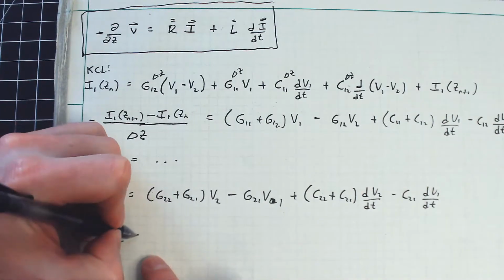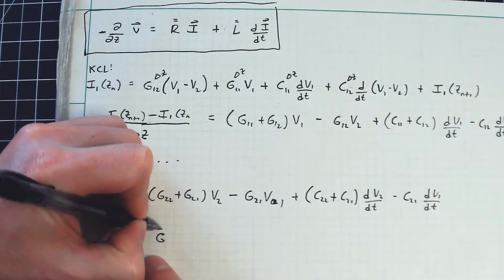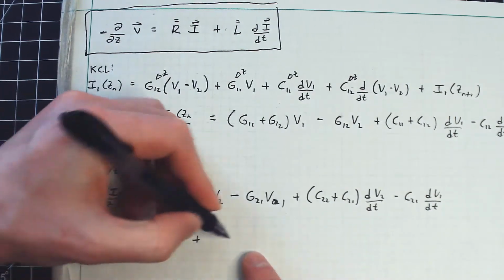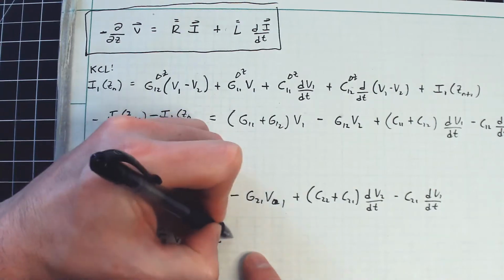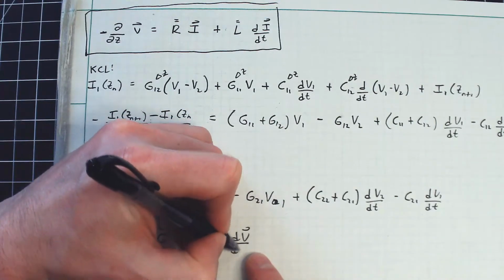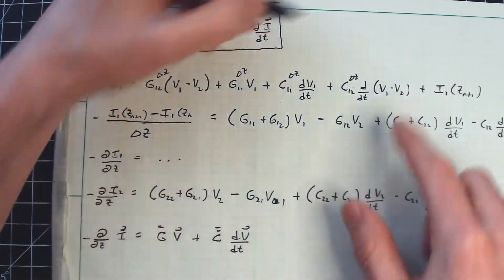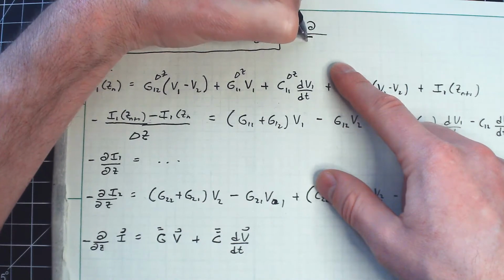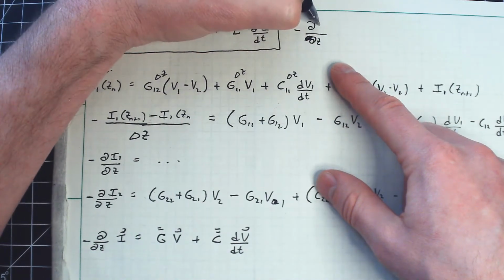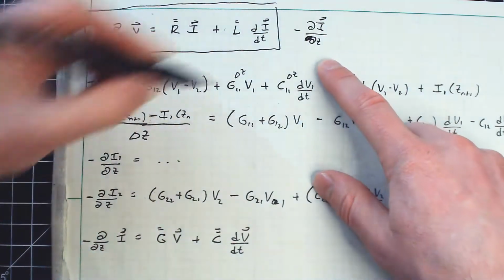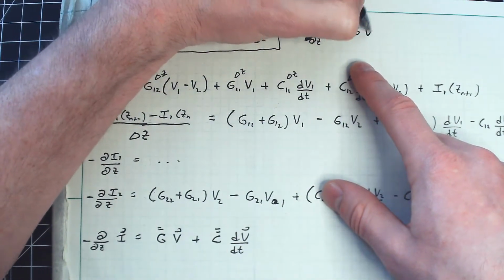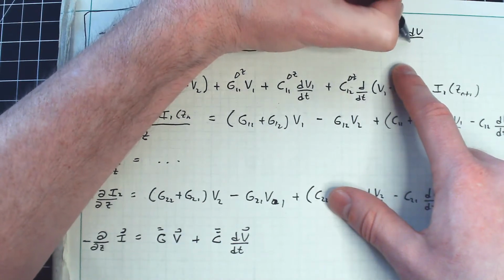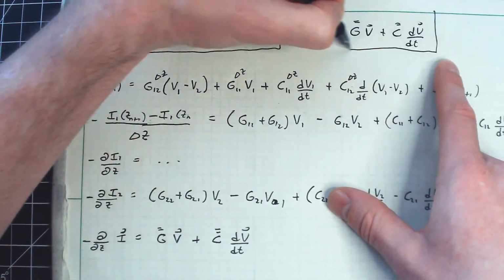So this becomes G times V plus C times dV dt, like that. So if we put that back up into here, I'm just going to rewrite this: partial with respect to z of I is equal to GV plus C dV dt, like that. So I'm going to put a box around that.